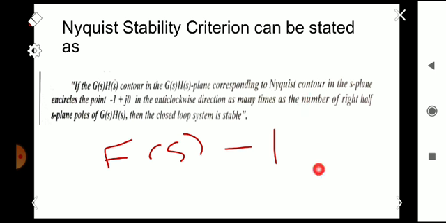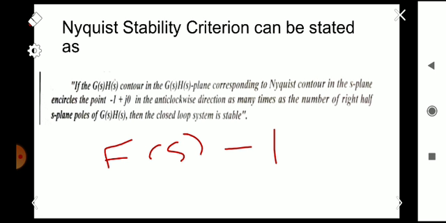Okay, and after that we have drawn the corresponding F(s) minus 1 contour, that is the G(s)H(s) contour, and we have observed that the contour has encircled the minus 1 plus j0 point two times in the anti-clockwise direction. Okay, then we can say that the system is stable. If these two values are not equal, then the system will be unstable.